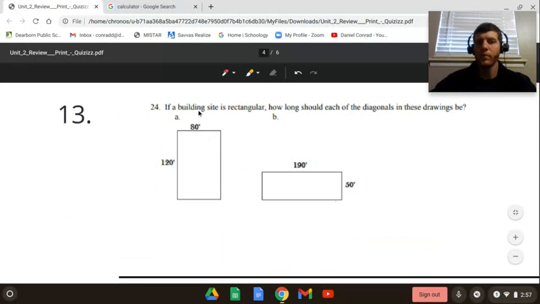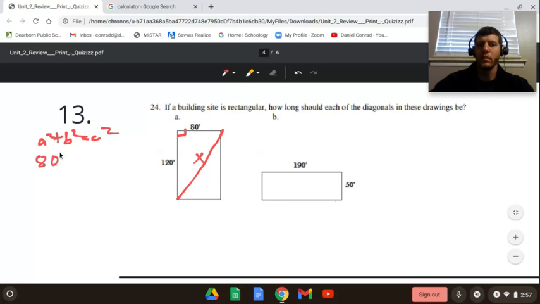All right. If a building site is rectangular, how long should each of the diagonals in the drawings be? So again, we're going to use the Pythagorean theorem here. You have two sides of a right triangle, so we want to find the length of the diagonal. So this is going to be a squared plus b squared equals c squared. That's 80 squared plus 120 squared equals x squared.